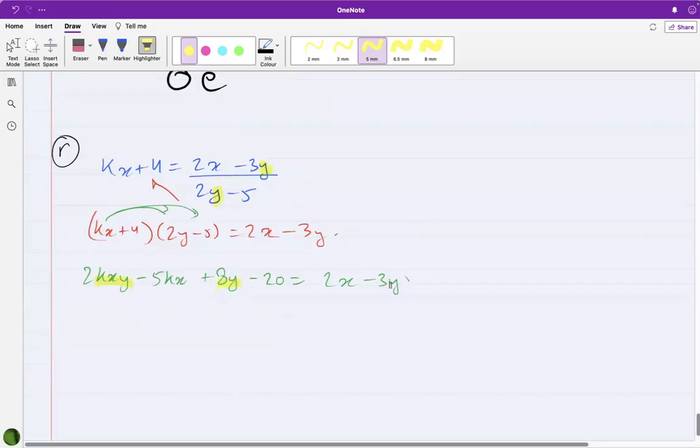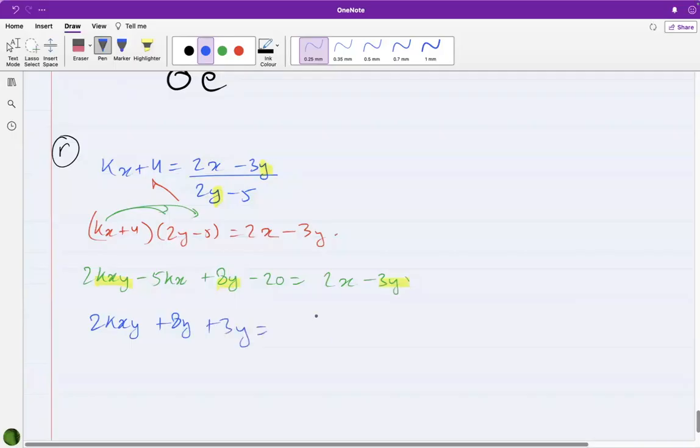This is 1, 2, and 3 places. Now I'm bringing all these y's on one side: 2kxy plus 8y plus 3y, and taking all the other stuff on the other side. So 2x plus 20 plus 5kx. Now I have all the y's on one side. I'm going to take this y out as common.